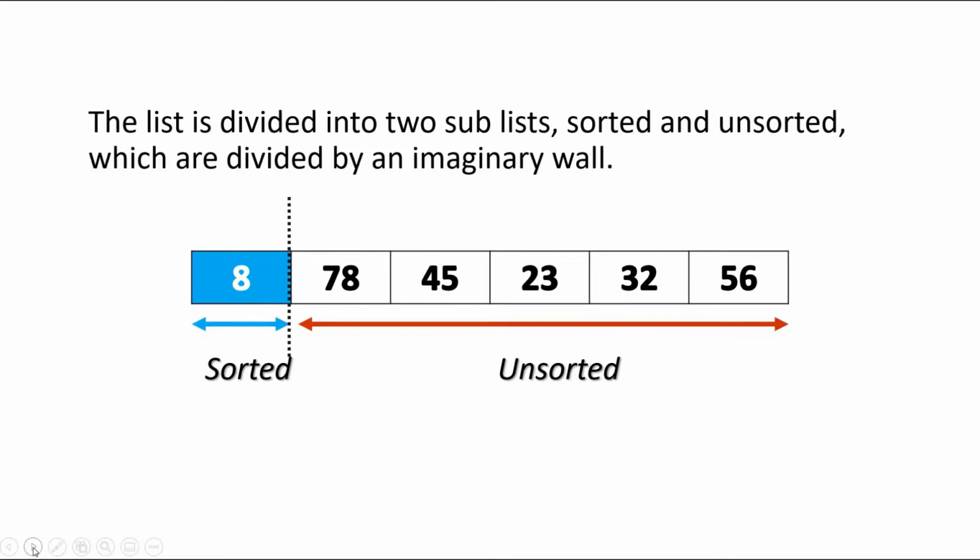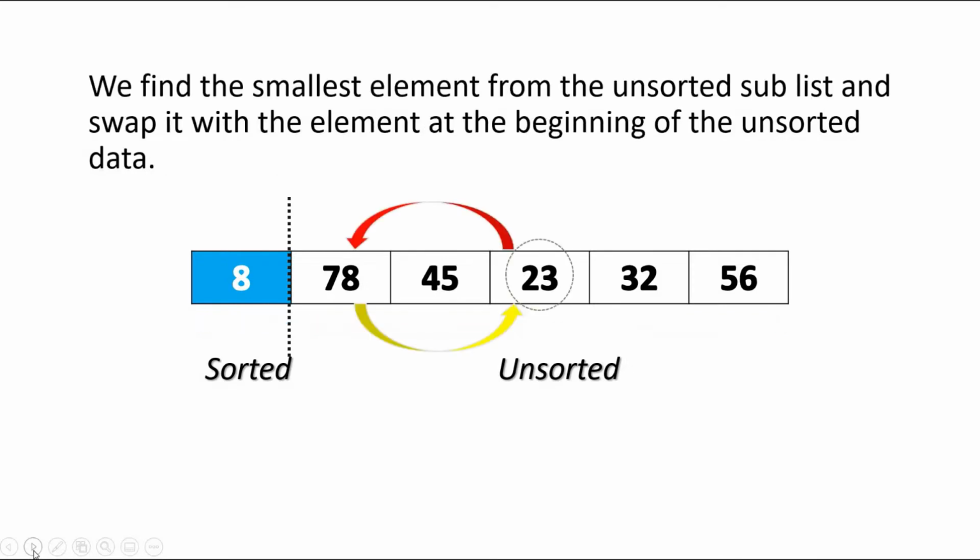In the unsorted sublist, you can see it is not ordered. But the sorted one is in ordered form because there's only one element. When there's only one element, we can say that it is already sorted.